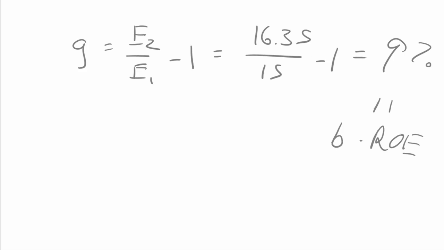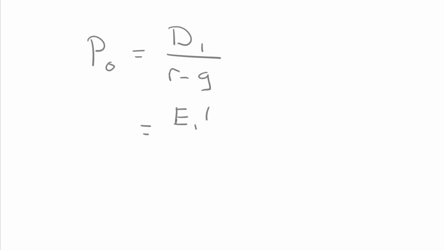So how do we use this formula for growth? Well, let's substitute it back into our constant growth formula. Remember, the price per share of the stock is the dividend per share next year divided by R minus G. Substituting in, well, my dividend is the earnings that I didn't plow back. That's sometimes called the payout.